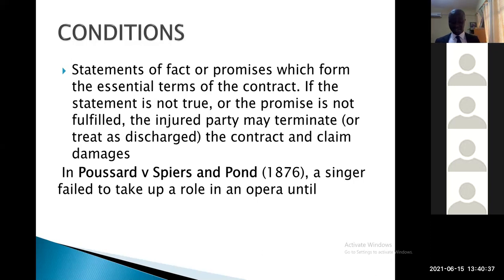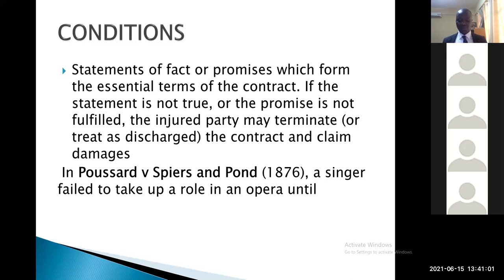And the question which came up for determination was whether the requirement that she takes up the role right from the very start was a term of major importance or not.